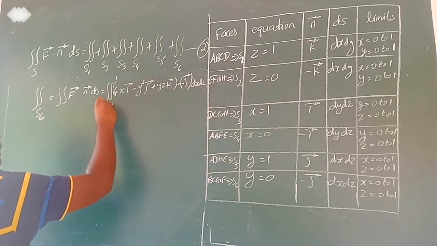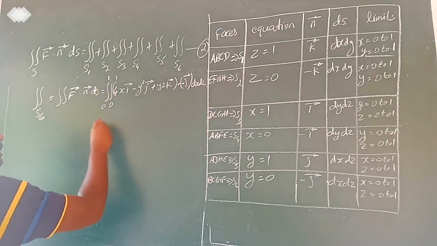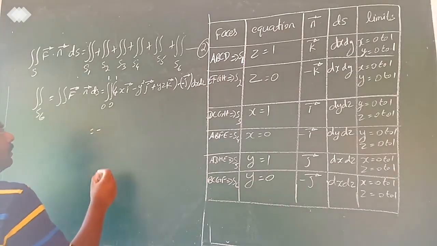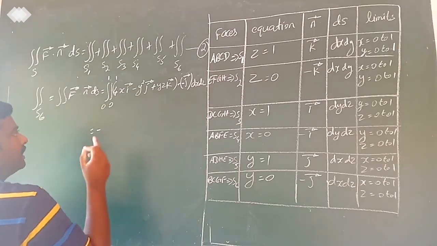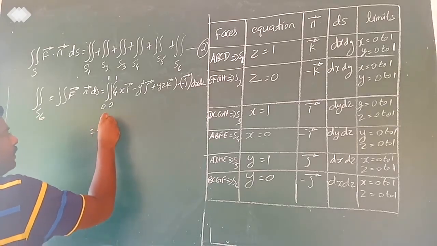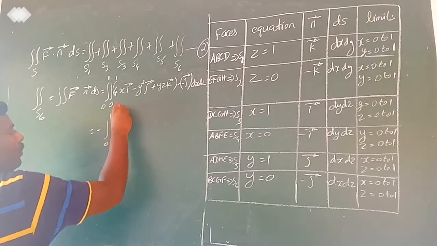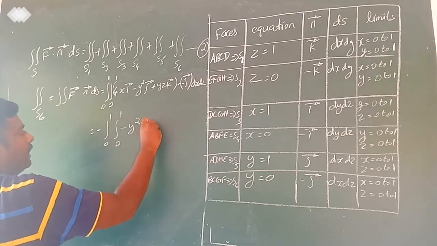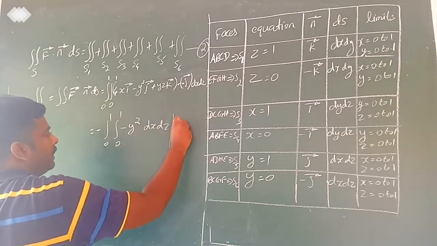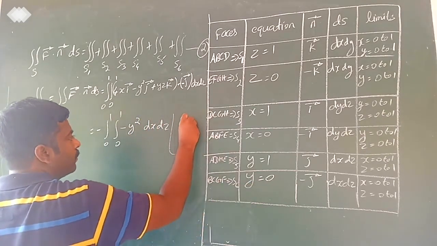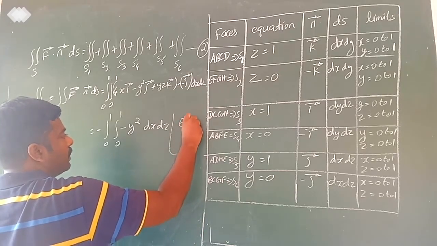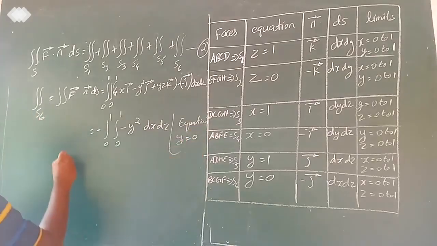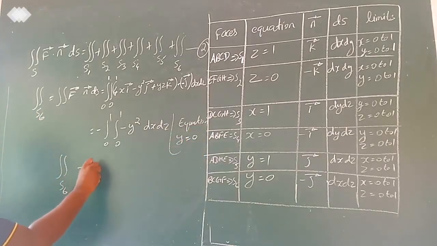The x limit is 0 to 1 and z limit is 0 to 1. i vector dot j vector equals 0, j vector dot k vector equals 0, and j vector dot minus j vector, put minus outside, 0 to 1, 0 to 1, j vector dot j vector equals 1, therefore minus y squared dx dz. But in the equation for S6, y equals 0. So the double integral over S6 equals 0.